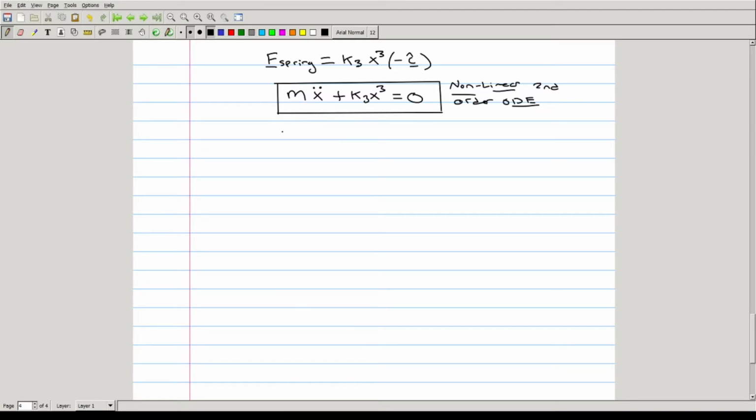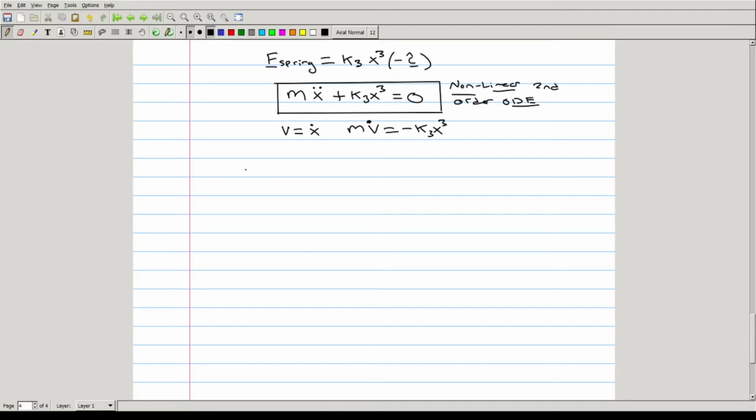Using the same idea as before, the velocity is the derivative of x. And this equation is the same thing as m v dot equals negative k3 x cubed.